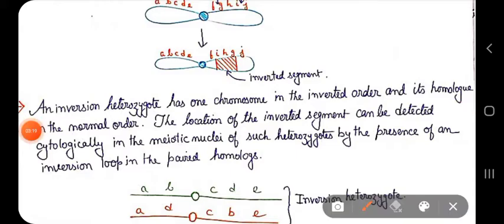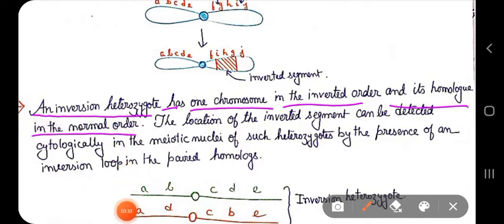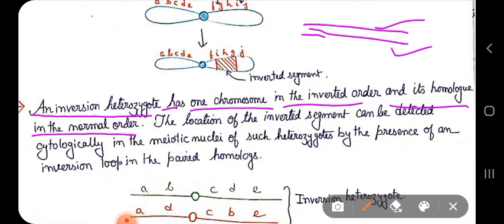So an inversion heterozygote has one chromosome in the inverted order while its homolog will be in the normal order. We have a homologous pair of chromosomes for each chromosome. Now in inversion heterozygote, one of the chromosomes will have the inverted segment while the other chromosome is normal. That's what inversion heterozygote means.